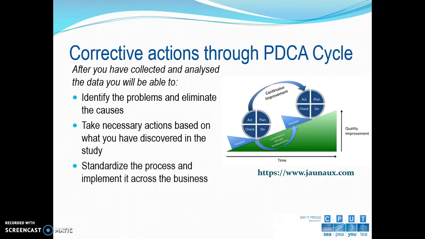You will be able to standardize the process and implement it across the business. Lastly, you get to plan again for continual improvement. On the right-hand side, we have a picture from jannex.com. It shows clearly that the PDCA cycle is a continuous improvement.